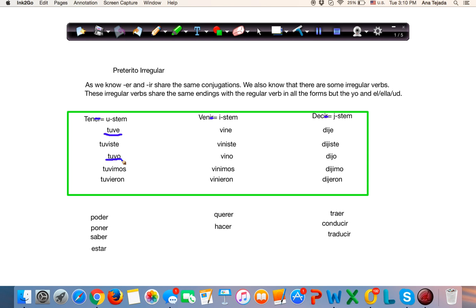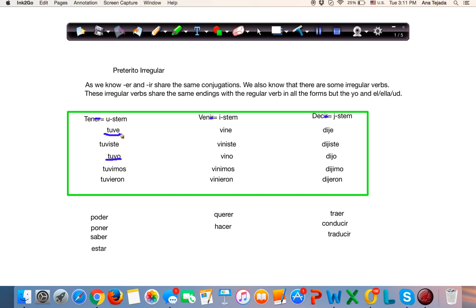We're going to have those two differences there. The difference is that the yo form is normally accented, and the usted, él, ella form is also accented. But for these irregular preterites, it's not accented. If you can tell in these conjugations: dije, dijo, vine, vino, tuve, tuvo, no accent, no tilde.